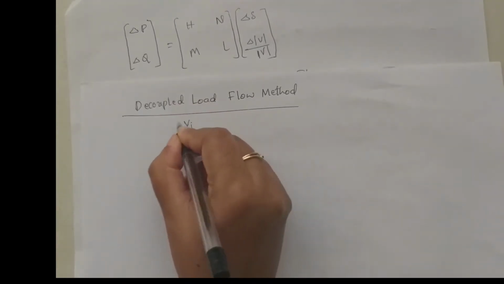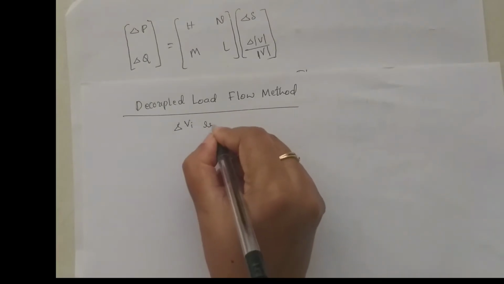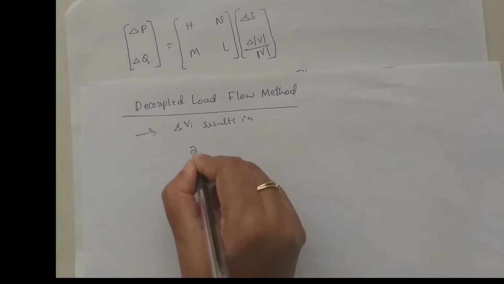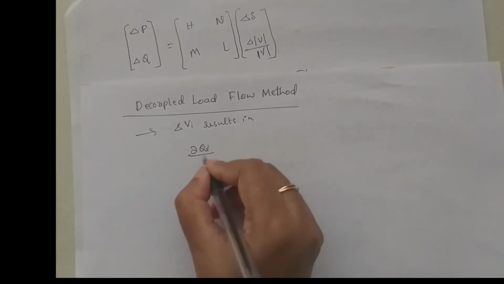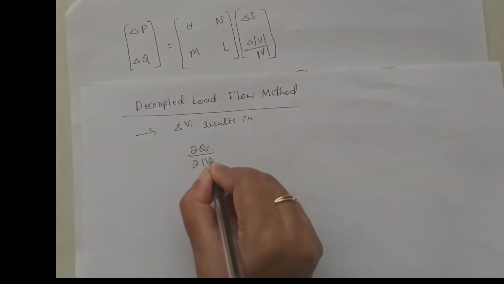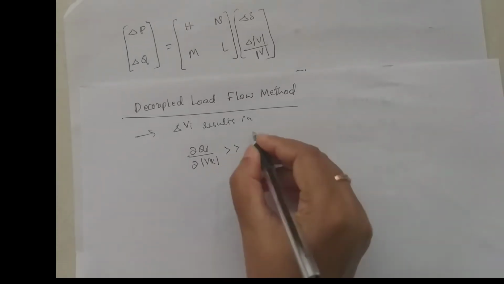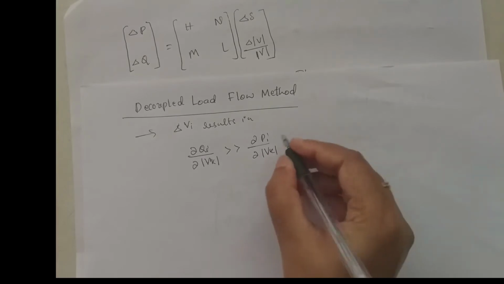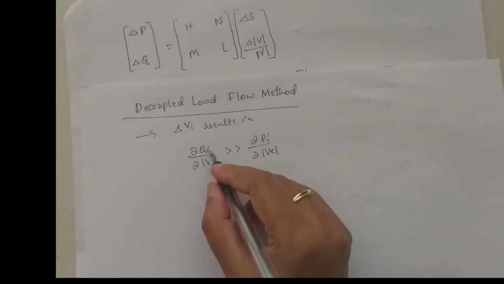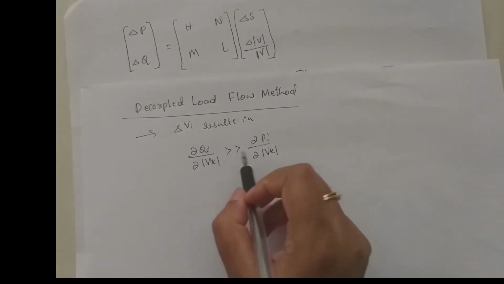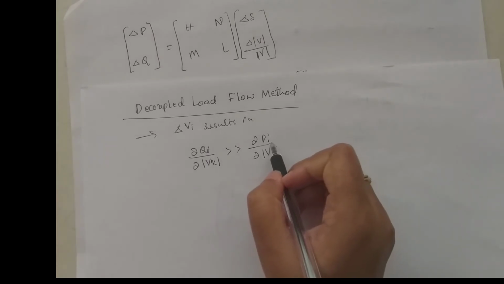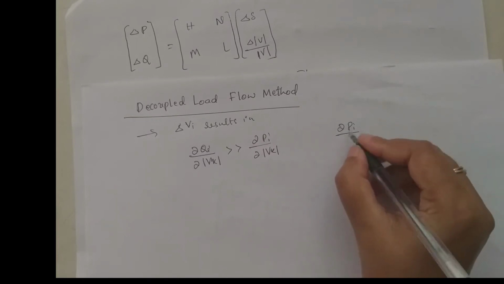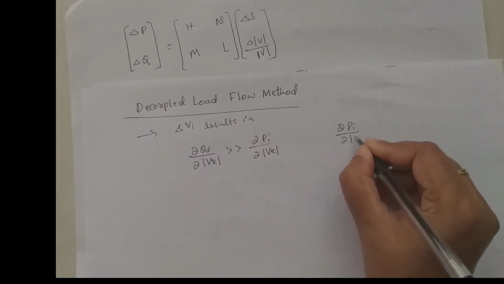The change in voltage magnitude results in the partial differentiation of Qi with respect to Vk being very much greater than the partial differentiation of Pi with respect to Vk. So we are going to neglect the partial differentiation of Pi with respect to Vk.